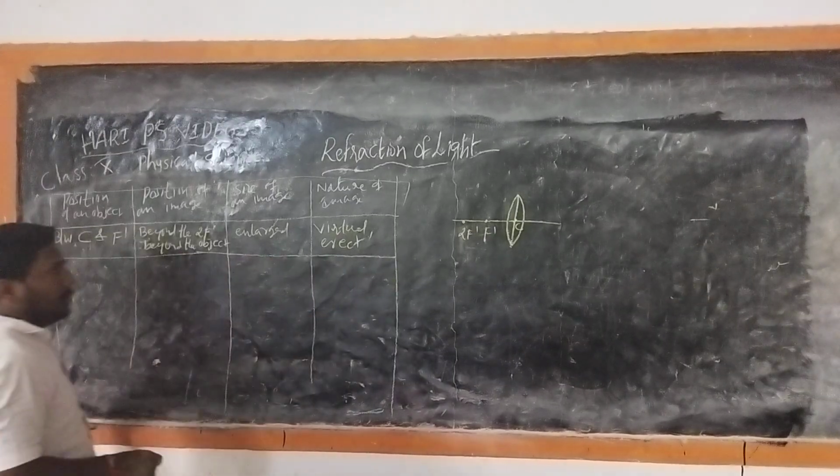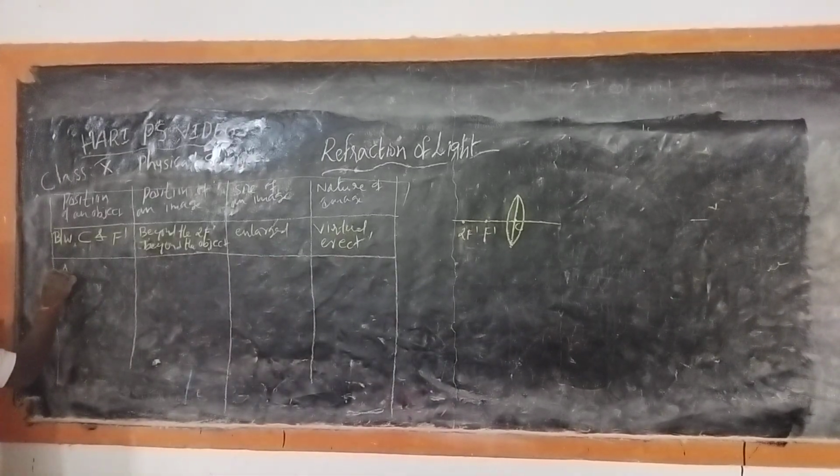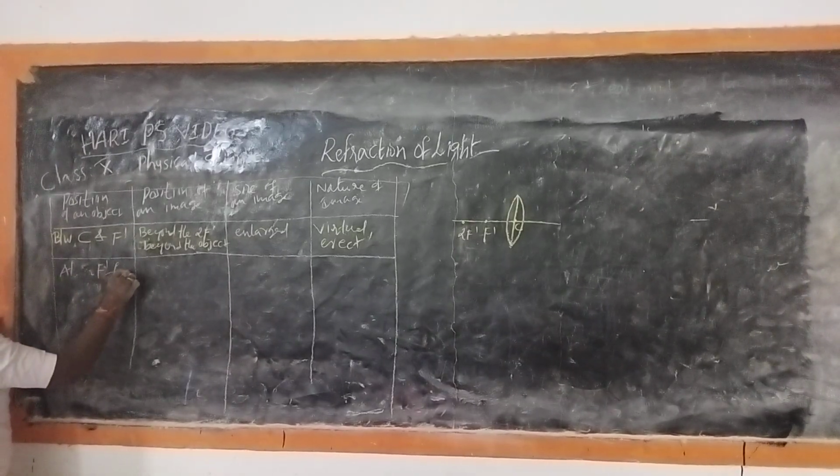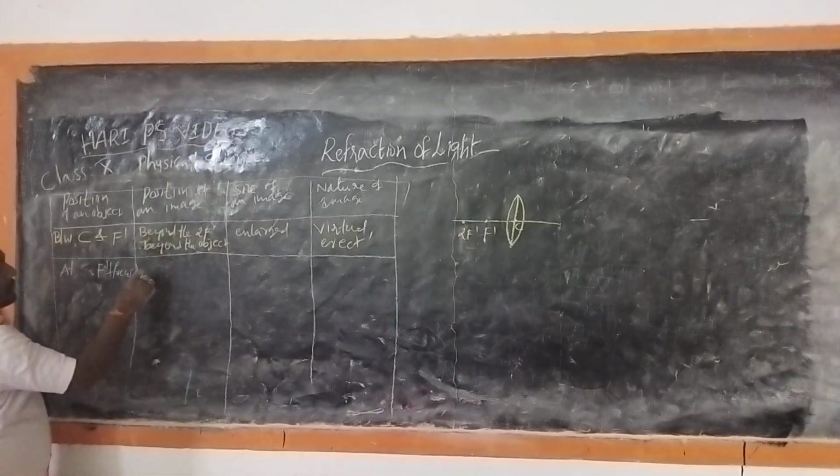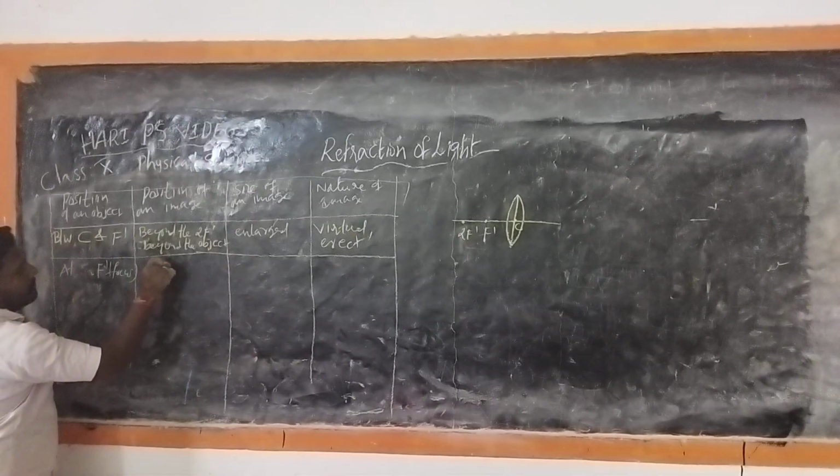The second one, we place the object at F dash, which means at the focus. Where is the image formed? At infinity.